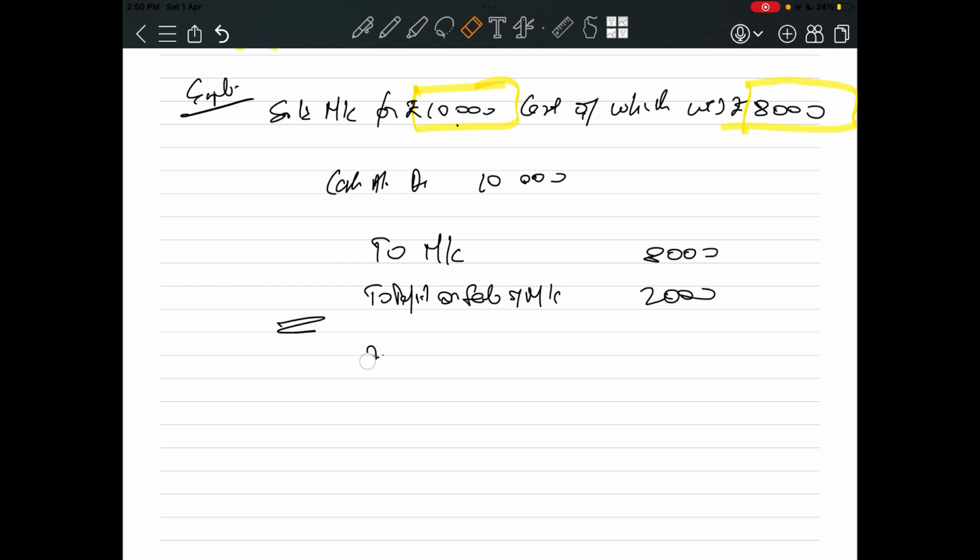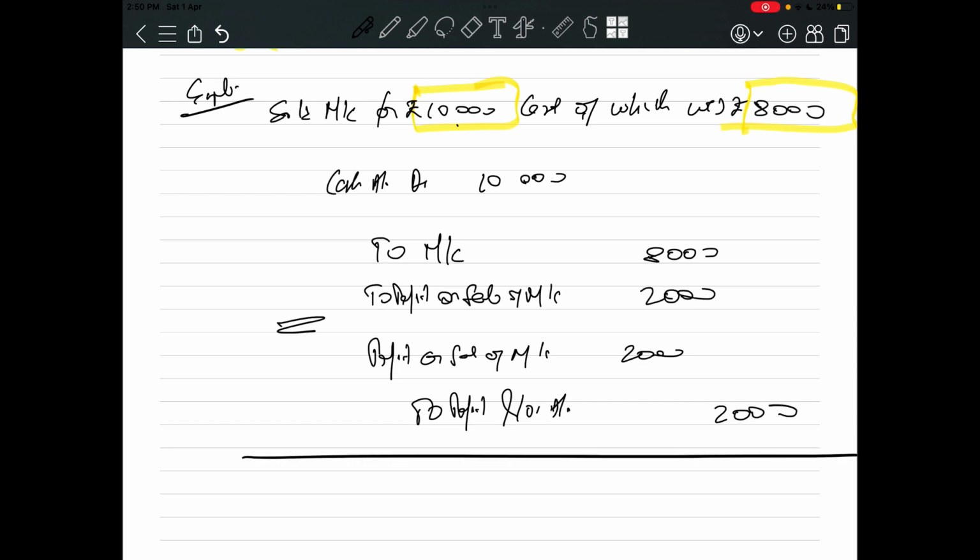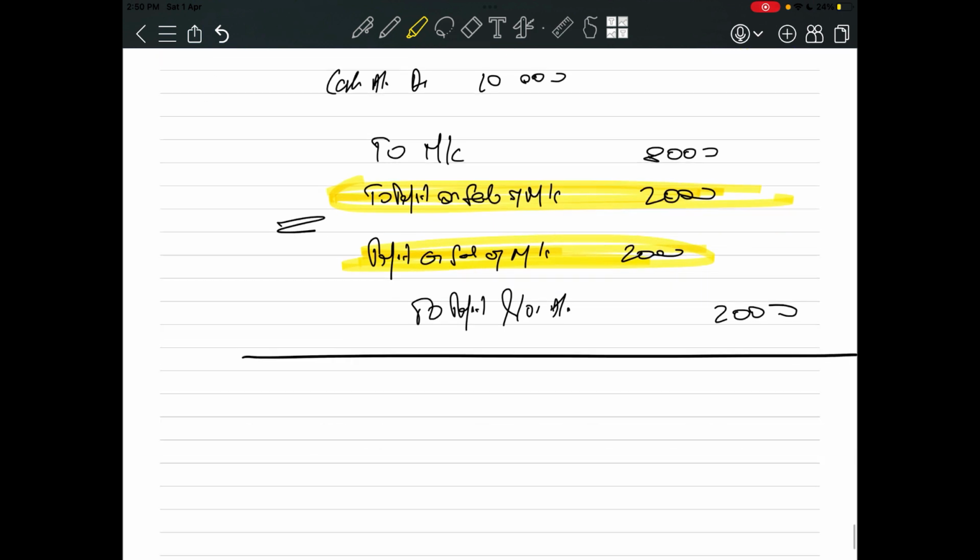What will be the journal entry? This is credit, so we'll have to debit. Profit on sale of machinery 2,000 to profit and loss account 2,000. This was credited, now we will transfer it to profit and loss account, so we debit in the journal entry and transfer it to P&L account.